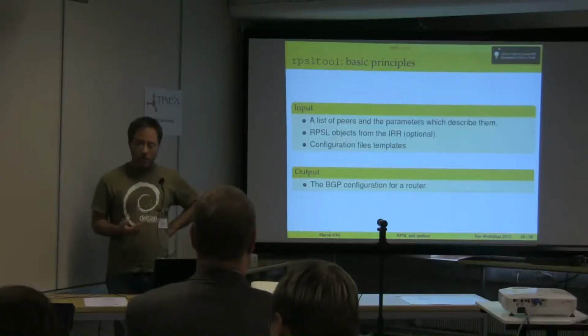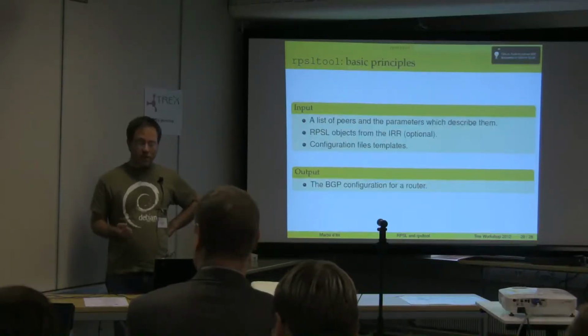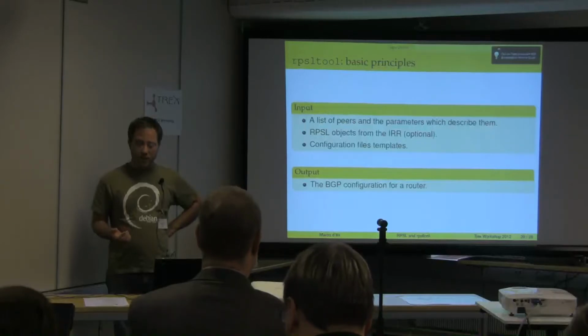And then it can use IRR data from RIPE whois server, or compatible servers, to generate up-to-date prefix or autonomous system filters for your neighbors.